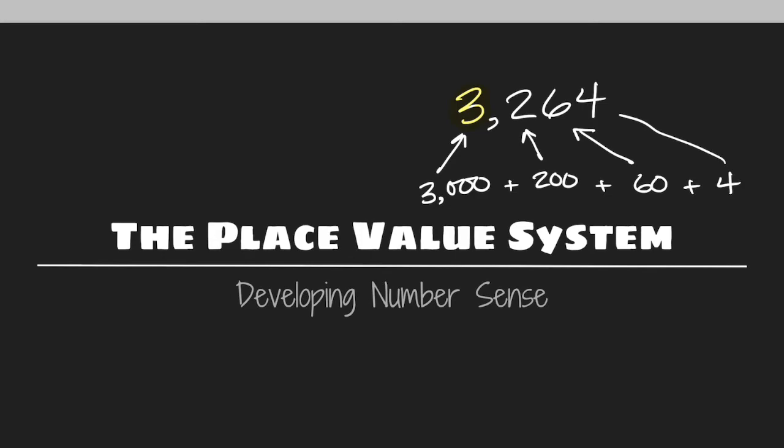And there are other things that we've learned about it. We know that 3,264, if we were rounding to the thousands, where would it fall on that number line? Would it be closer to 3,000 or 4,000? If I were rounding it, we know that because of the 2 in the hundreds place, it would be closer here.